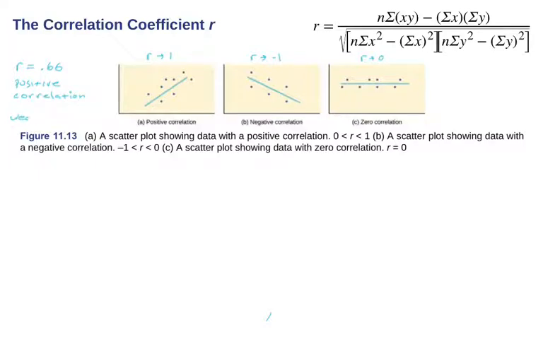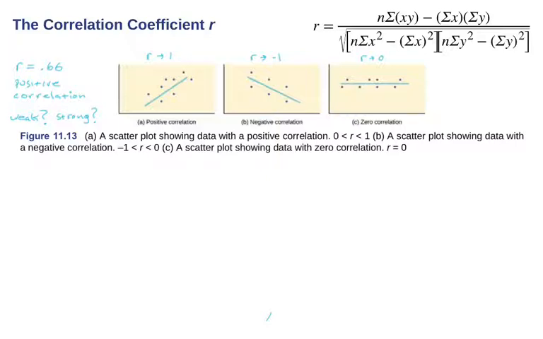And so our calculator, when we plug it in, it gives us that value. R is 0.66, which means it's a positive correlation. And the question is, is that weak or strong? And so if we had something in the 90s, like 0.98, that's fairly strong. If we have something on the lower end, 0.03, we know that's fairly weak because it hovers around 0.